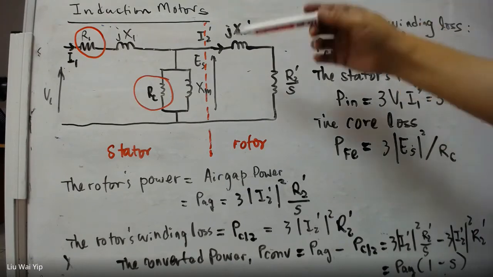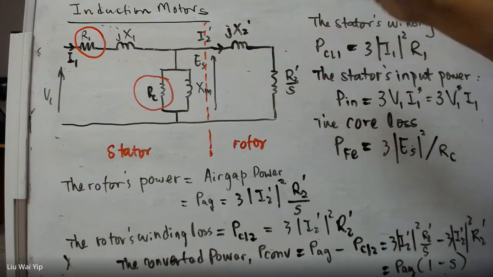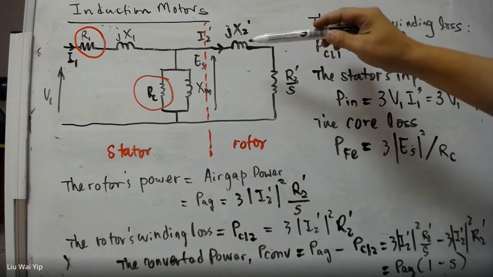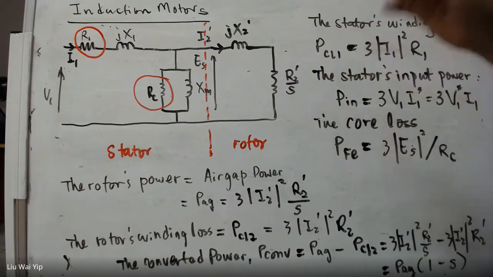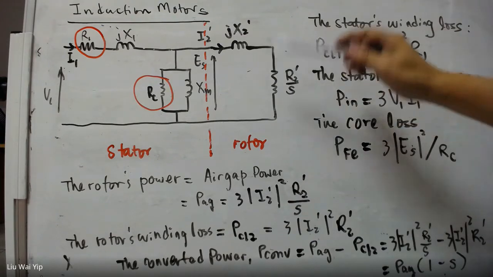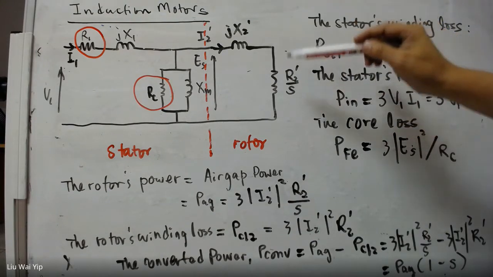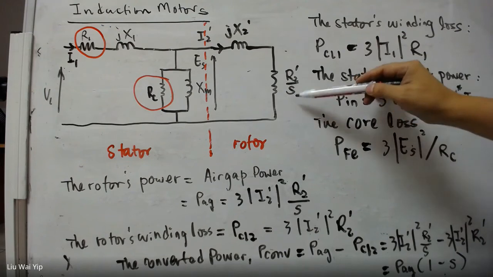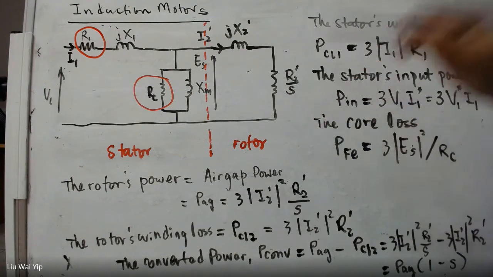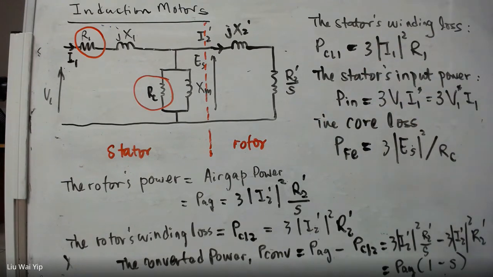But in the induction motor, the rotor is rotating, and the rotation of the rotor is going to involve the formula for the slip. Okay, so that's why we end up with the circuits like this.